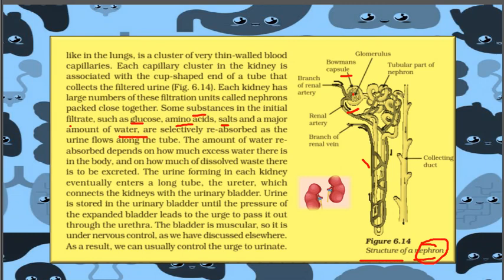Here is one marker question that can be asked in your exam: write down the substances in the initial filtrate in the human excretory system. They are glucose, amino acids, salt, and a major amount of water.